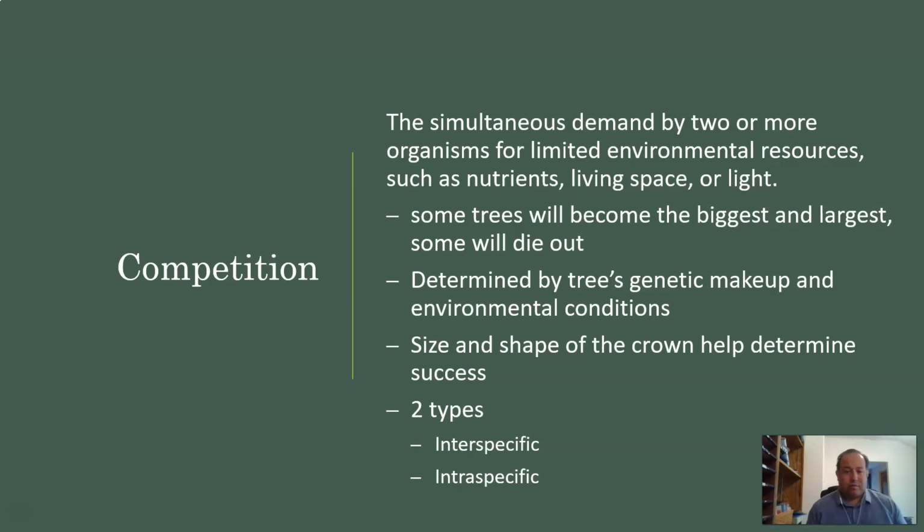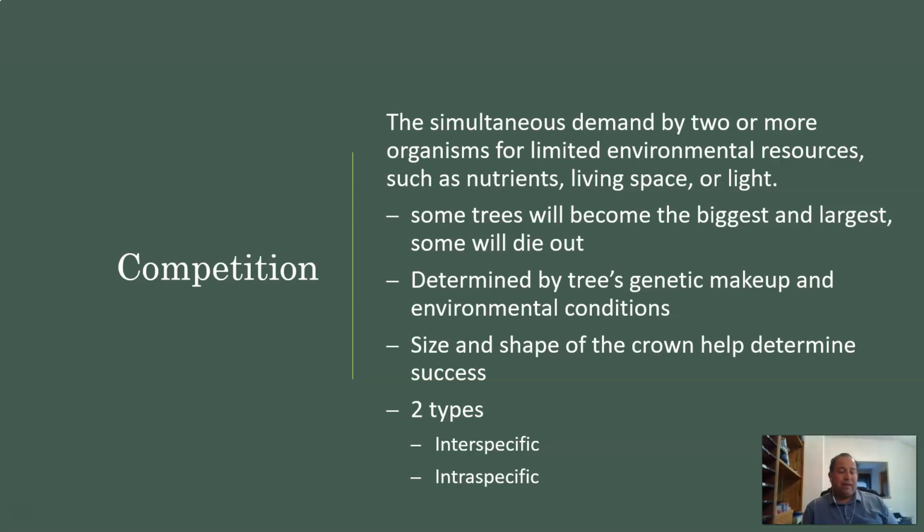Some trees are going to become big and strong. Some trees will not. Some trees are going to die out. Trees are vicious. Trees are not worried about the other trees' feelings. Trees are just going to go out there and do what they need to do to survive. And that's always an interesting thing because competition is how a lot of things are decided in the ecosystem.